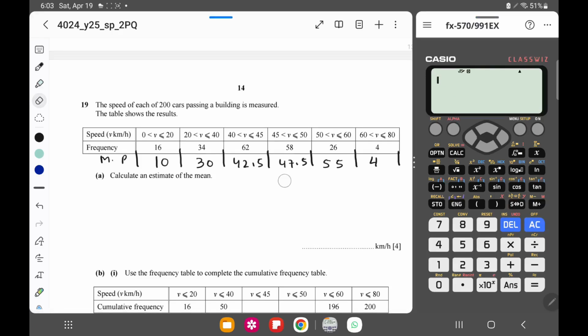Now sum of fx divided by sum of f is the mean, and the sum of f is 200.